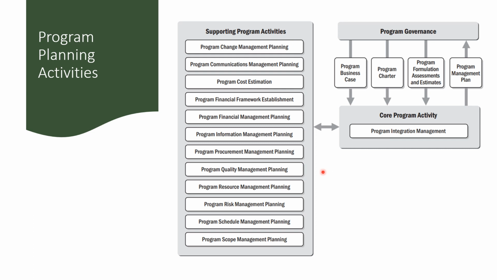We are going to discuss them in a couple of videos, because covering all 12 planning activities in one video would become too long. So I'm going to divide them into two or three slices and talk about each in these videos. Today we will talk about a few of these slices.